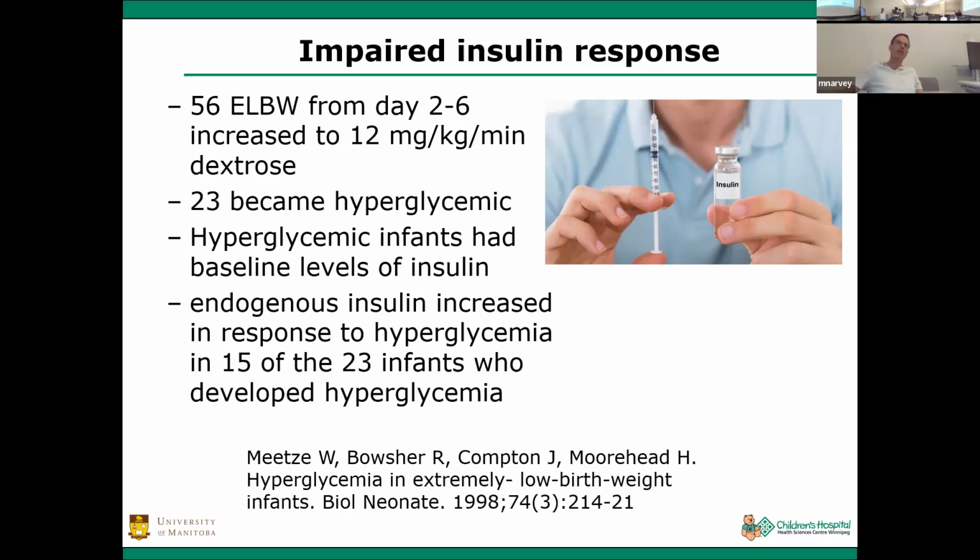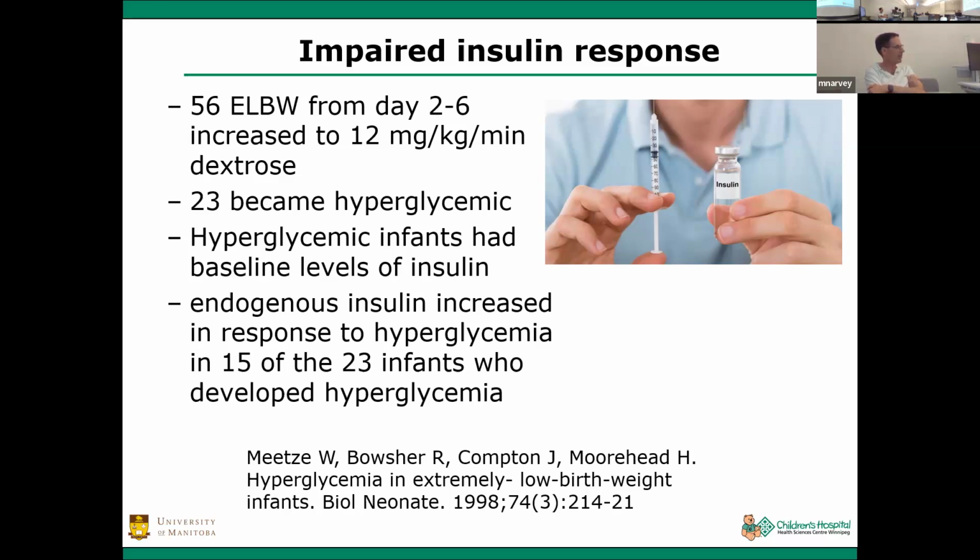What they found was hyperglycemic infants had baseline levels of insulin. And when they started cranking up the dextrose infusion, what they found was of the 23 infants that became hyperglycemic, endogenous insulin went up from baseline in only 15. Okay, so that left really 8.